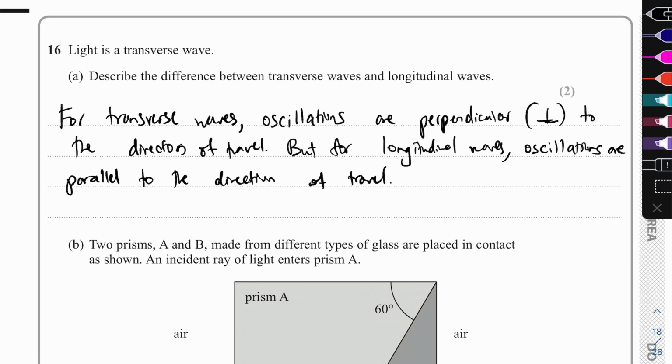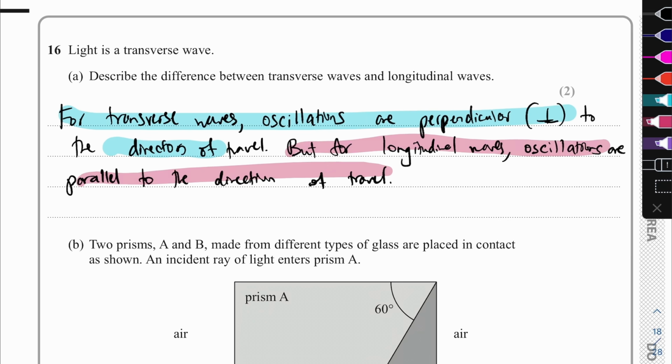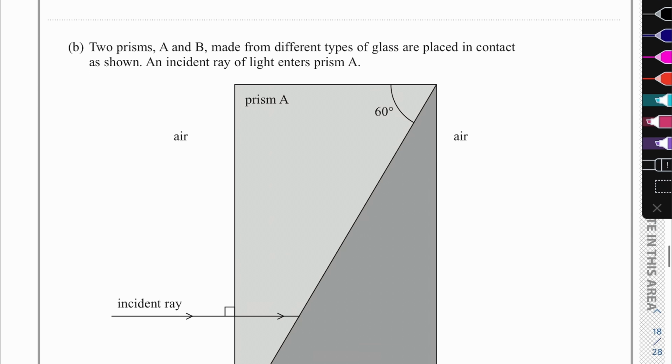So one mark for the longitudinal, one mark for the transverse, and this is our answer. So one mark for this, and another mark for this. Alright, now part B says what?